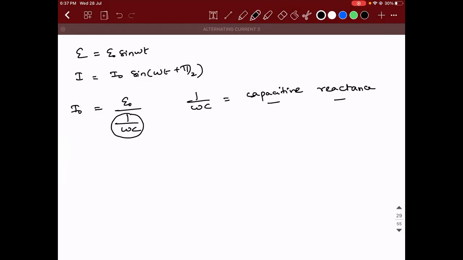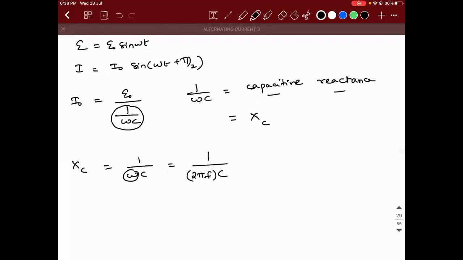This capacitive reactance is represented by the symbol Xc. So Xc is equal to 1 by omega c, which can be written as 1 divided by 2 pi f into c.